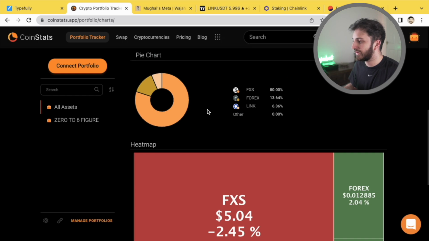And you can see, obviously, at the moment we have this portfolio mostly in Frax Share. With time, of course, this is going to diversify a little bit more, and we're going to grow the portfolio into something that is a bit more feasible. Because 3 assets at the moment is not really a portfolio, but it's the bear market, and I'm trying to preserve my capital.